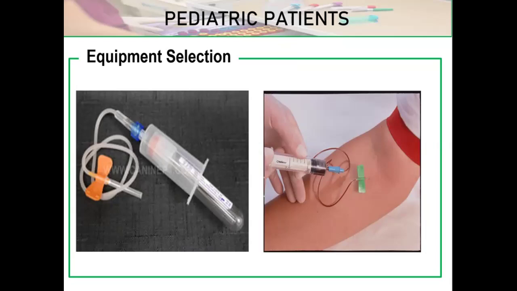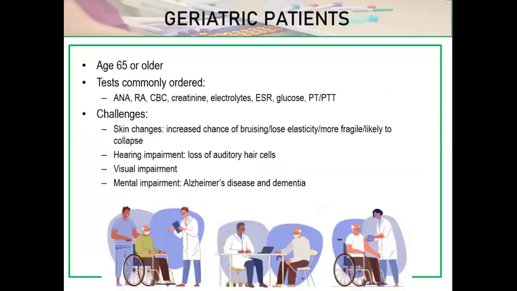It doesn't matter if the baby moves, the blood will still flow through the rubber tubing to our evacuated tube. So that is really the most ideal method of venipuncture. We can attach the evacuated tube holder at the other end, or we can use a syringe at the other end. So that is for our pediatric patients.